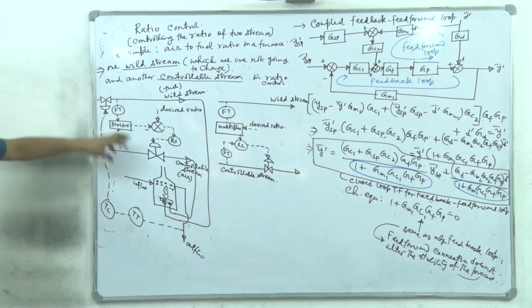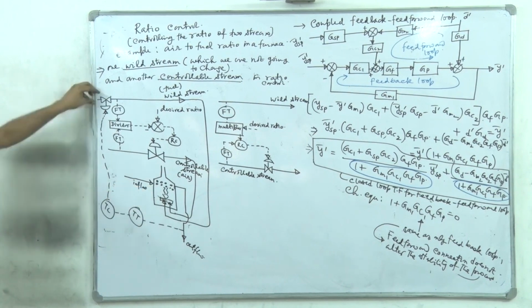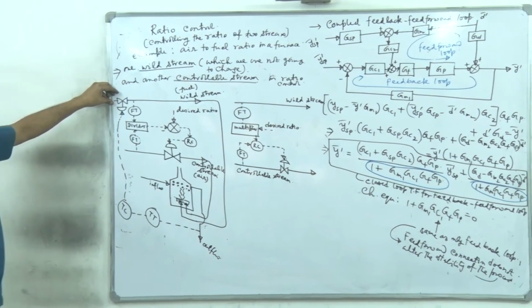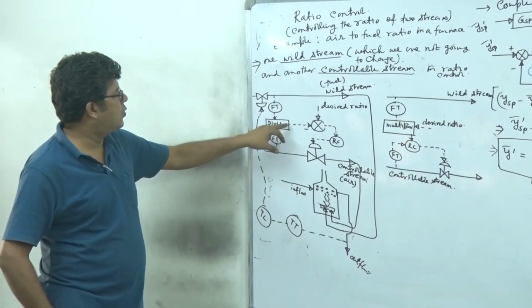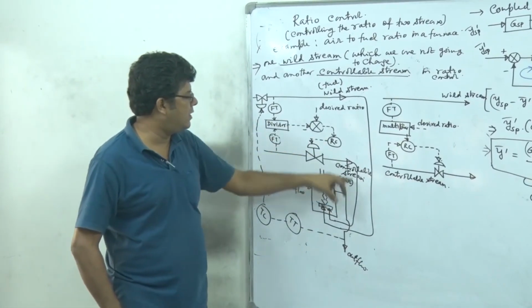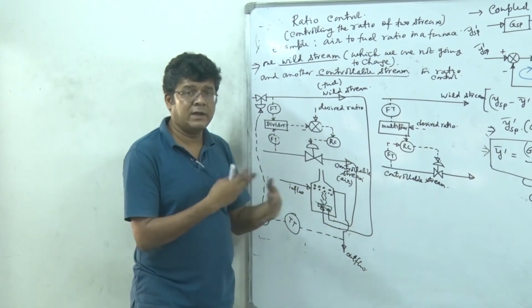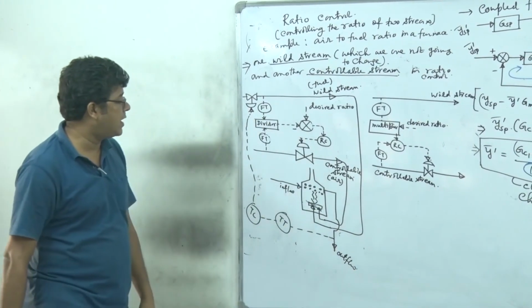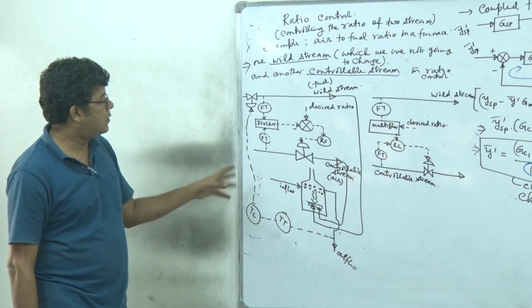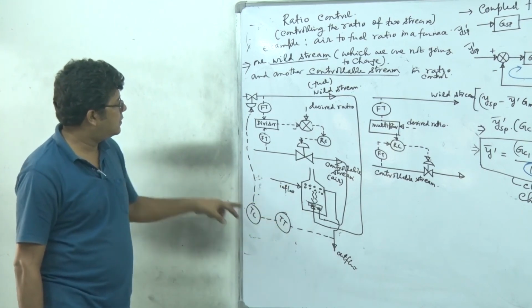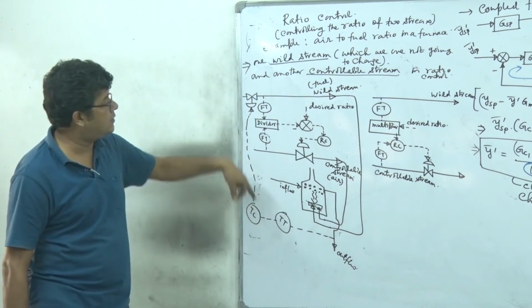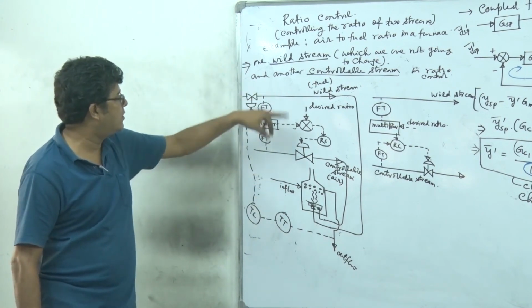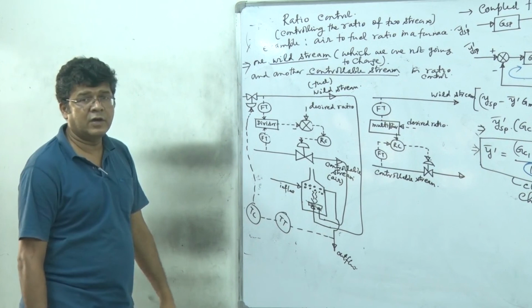Once the temperature requirement in the furnace changes the flow in the fuel line, the ratio will automatically be changed, the air line flow rate will be automatically adjusted, and the same desired ratio will be maintained. So you see this temperature loop is the master loop, cascaded with this ratio control loop.